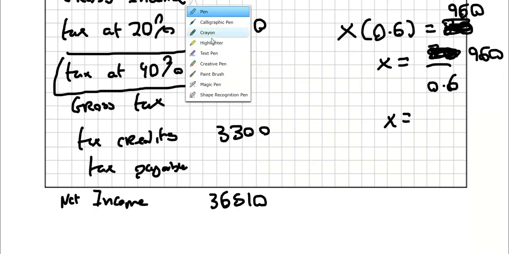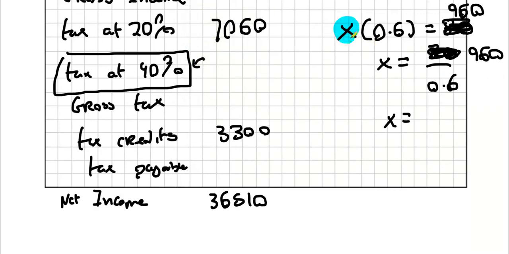So if X is the amount of money we make extra, we multiply by 0.6, because 40% of it gets taken off us, and we want the 60% we get to keep to be the same as €80 a month, which is 960 a year. So that's why we did 960 divided by 0.6, and we get €1,600 extra.